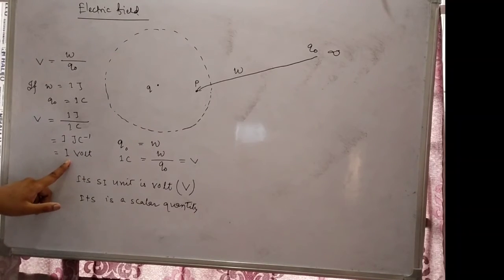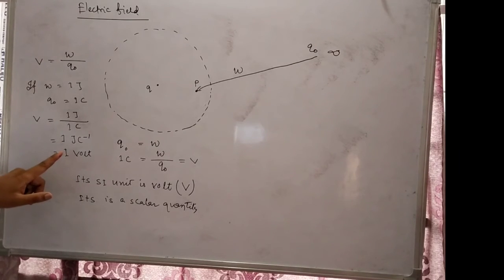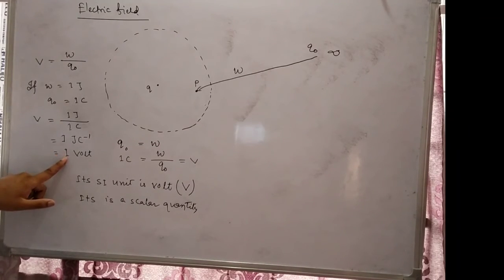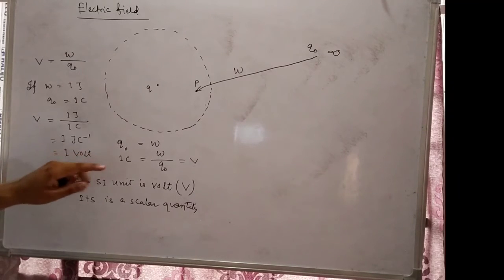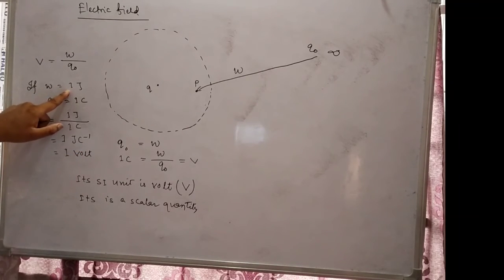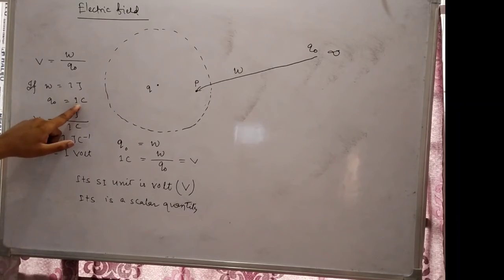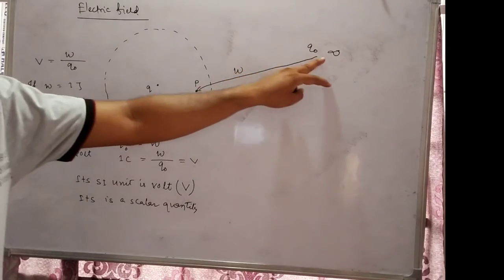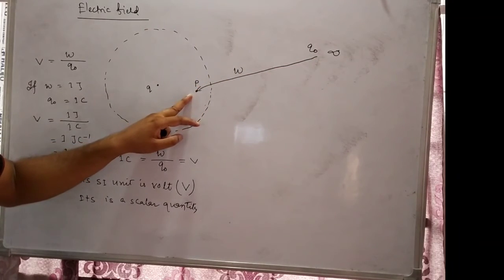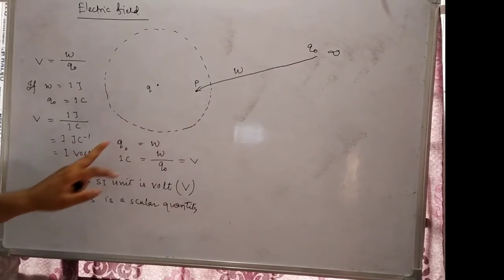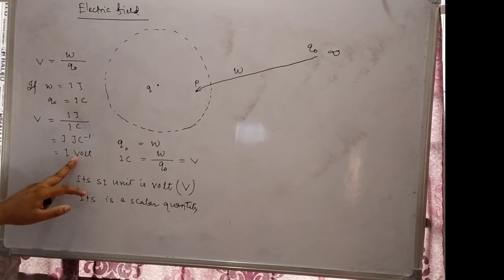If 1 joule of work done is required to move a charge of 1 coulomb from infinity to a certain point, then the potential at that point is said to be 1 volt.